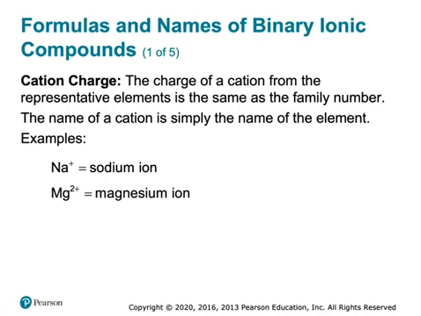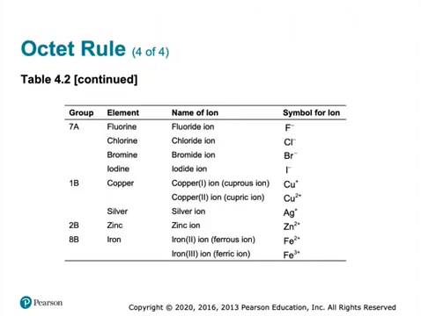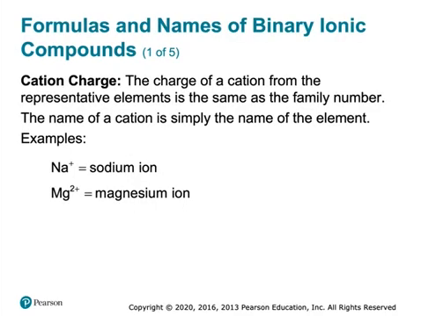It's pretty easy. Some of them, like alkalis and alkaline earths, have only one charge. So alkalis only have +1 and alkaline earths only +2. And you can see here that in 1B, 2B, and 8B, zinc is only 2, but copper can be 1 or 2, iron can be 2 or 3.